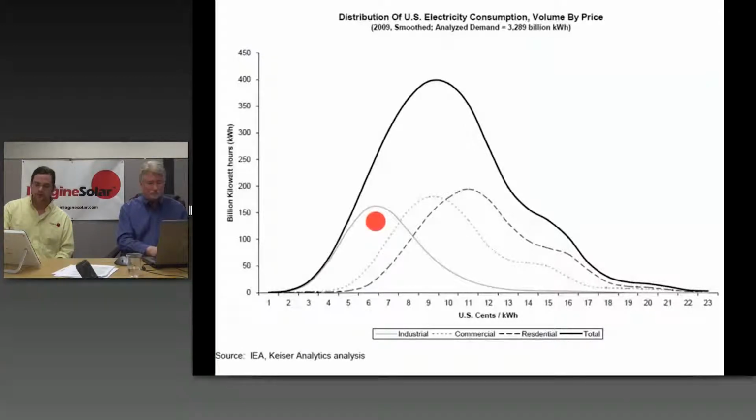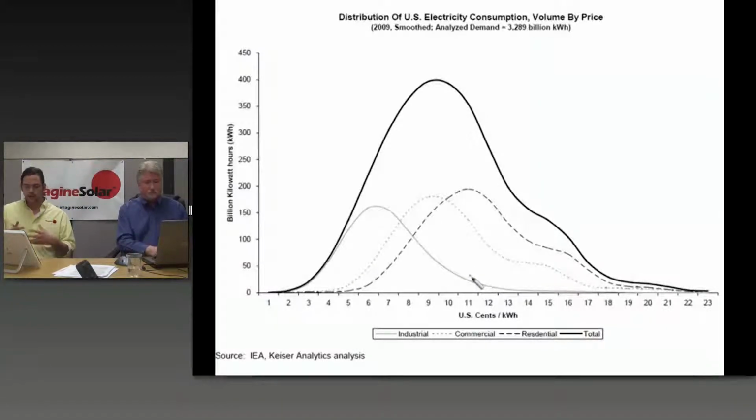The average value for industrial electricity is about 6 or 7 cents per kilowatt hour. The commercial sector is a little bit higher, with an average rate between 9 and 10 cents per kilowatt hour. At residential, the cost per kilowatt hour is more, about 11 to 12 cents across the United States.